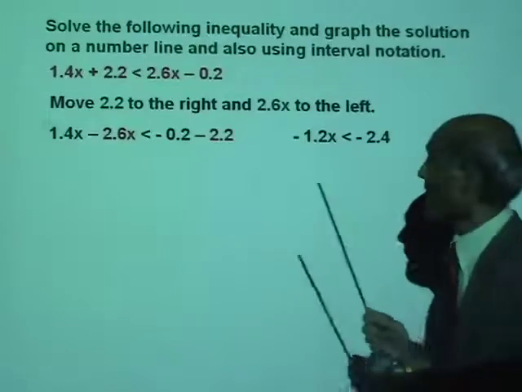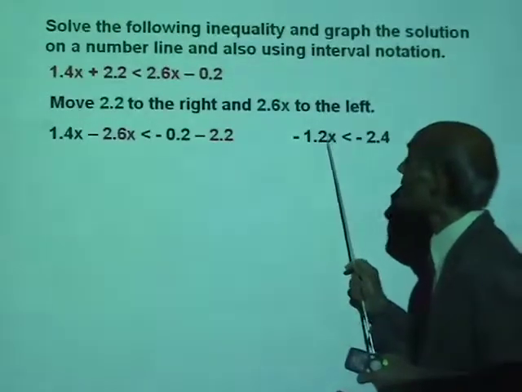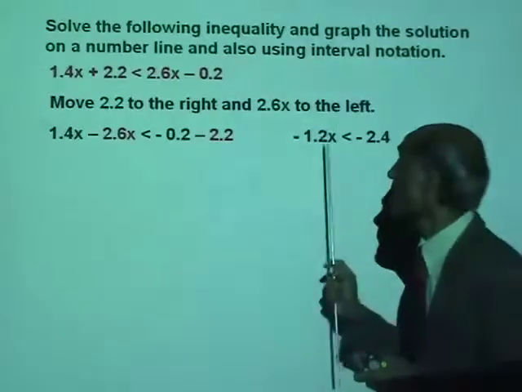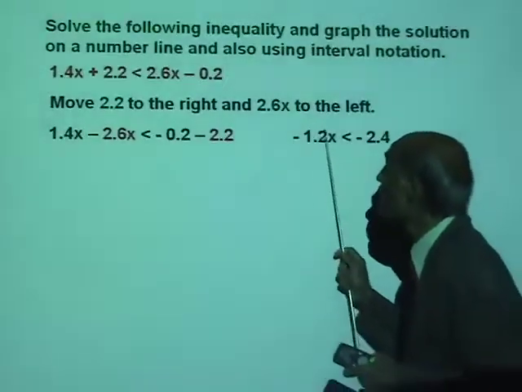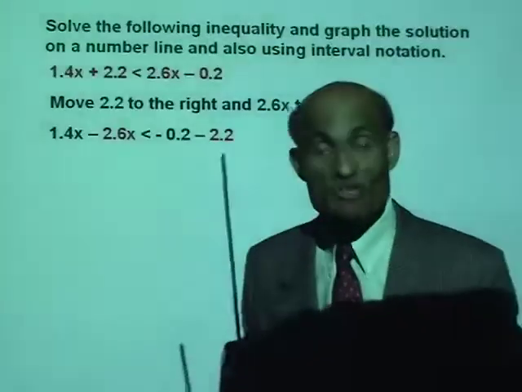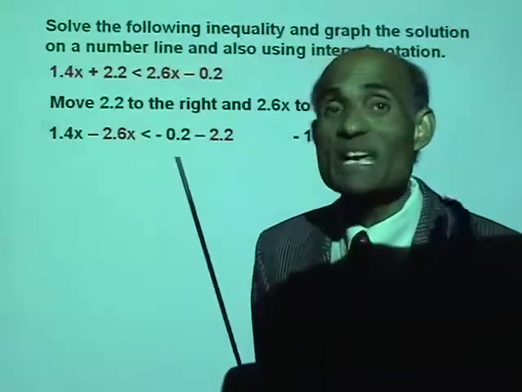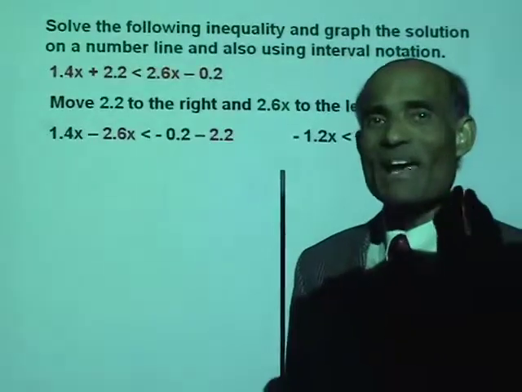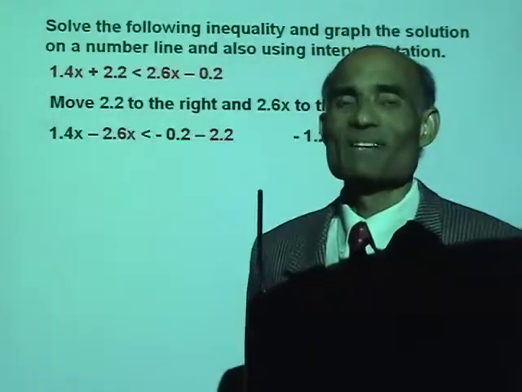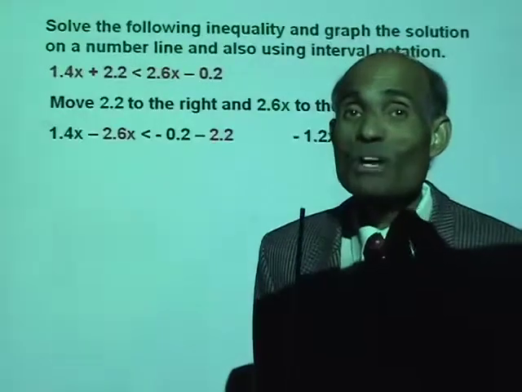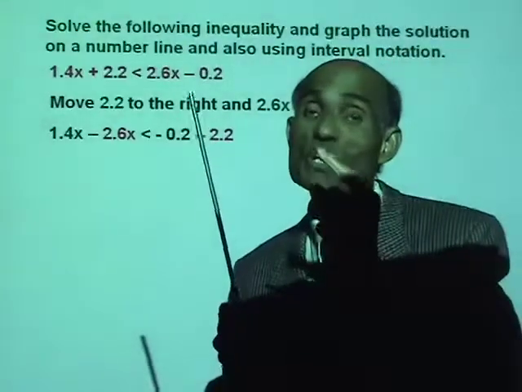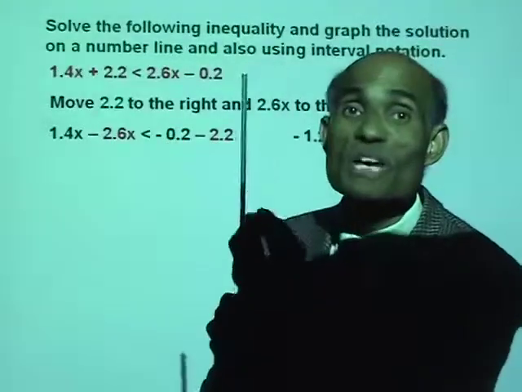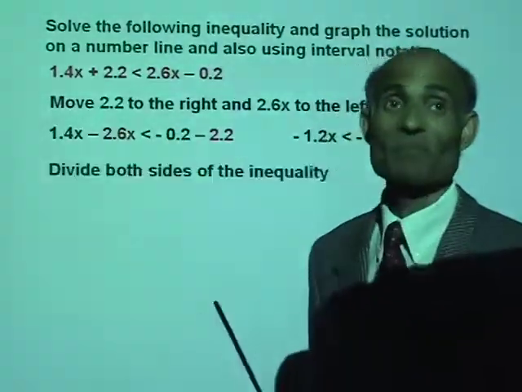Alright. Now, we need to get x alone on the left side. What do we do? Divide by negative 1.2. And what did we say that we need to take care of when you divide an inequality by a negative number? When you divide an inequality by a negative number, you must reverse the sign of the inequality to keep it a true statement.